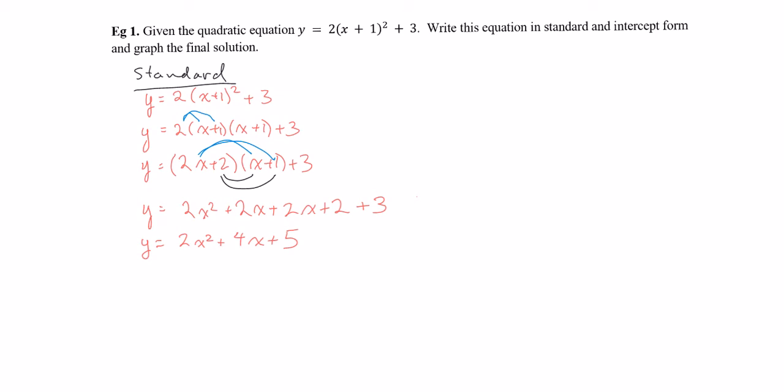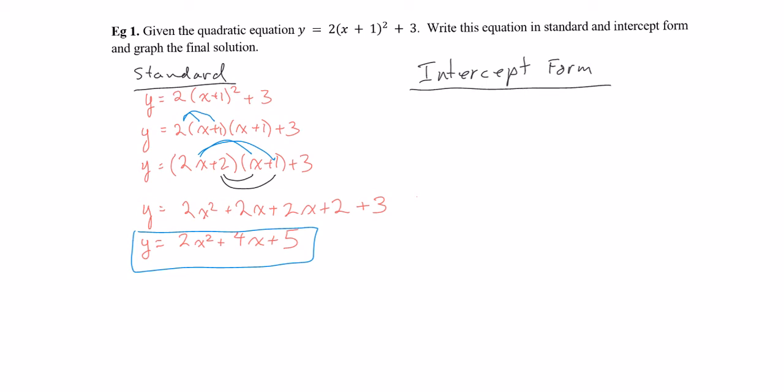Now we're going to take what we have for our standard form, which is this thing here, and we're going to go and factor it. So this is going to be the intercept form. So let's do that now.